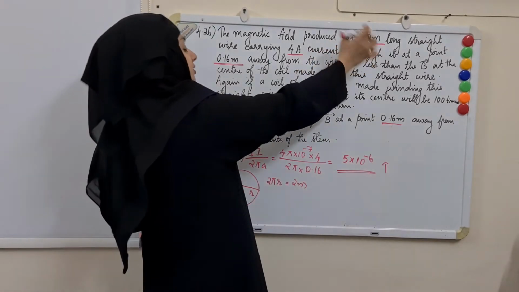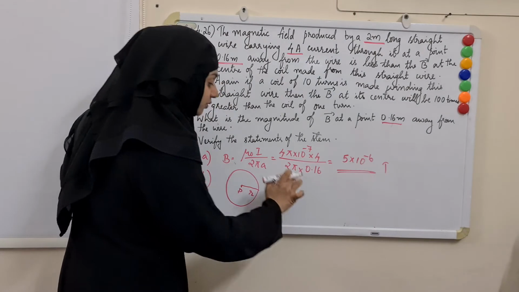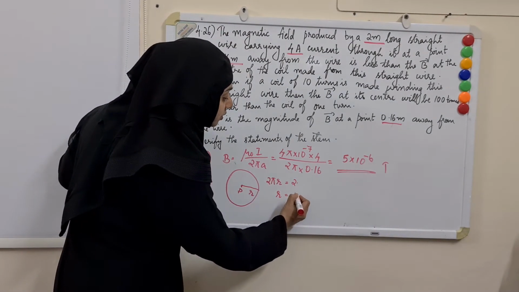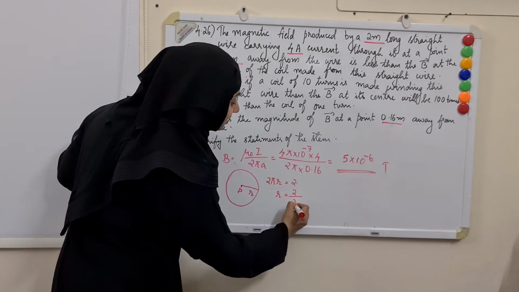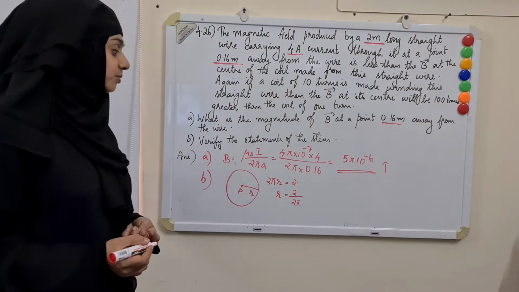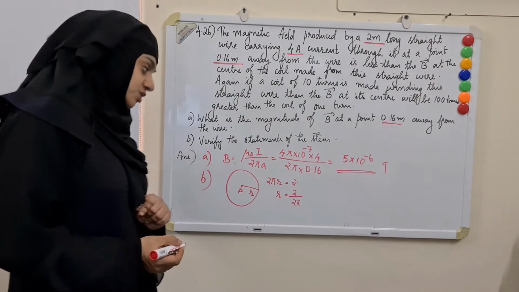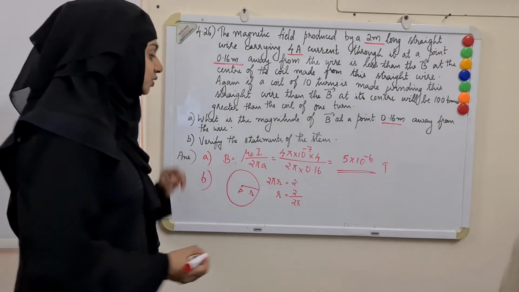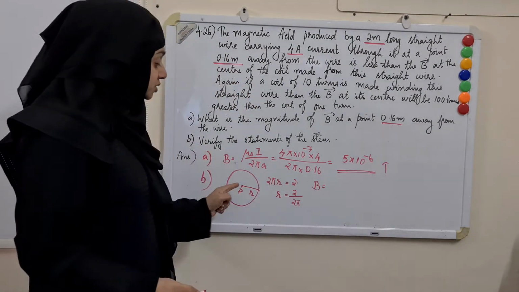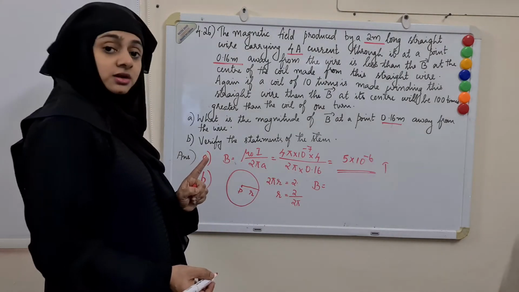That is the length of the wire. So 2 pi R is equal to 2. So what will be R? R will be equal to 2 divided by 2 pi. So for R, I can put the value R is equal to 2 divided by 2 pi and substitute in the value of magnetic field due to a current carrying coil at the center of the coil.